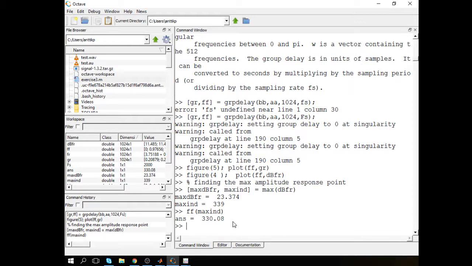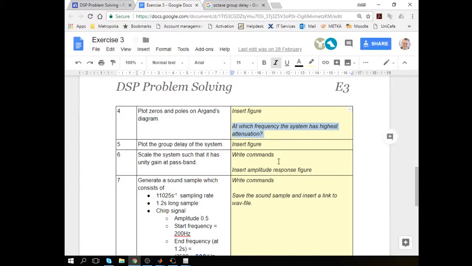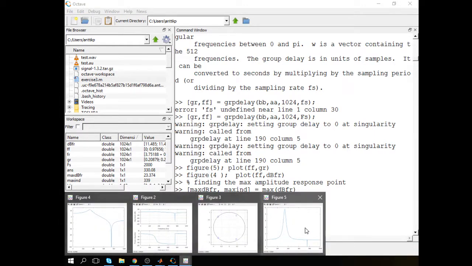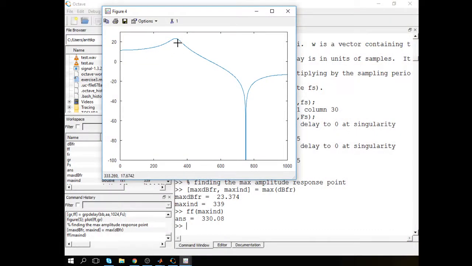Okay, and let's see. Another thing, on the exercise, you need to also scale the system so it has a unity gain at passband, meaning basically that you take this picture and make it so that that point is actually 0 dB.